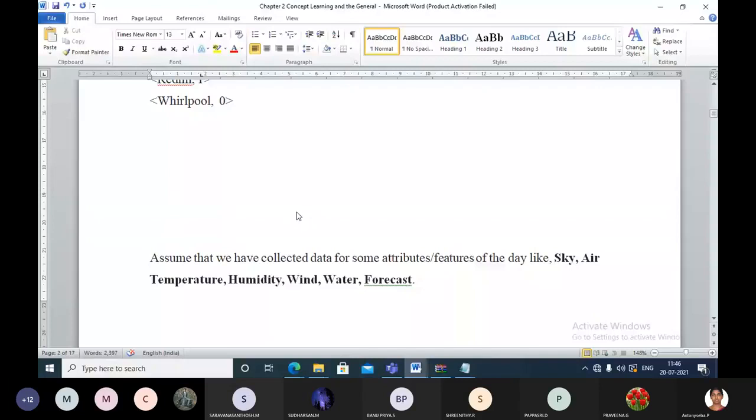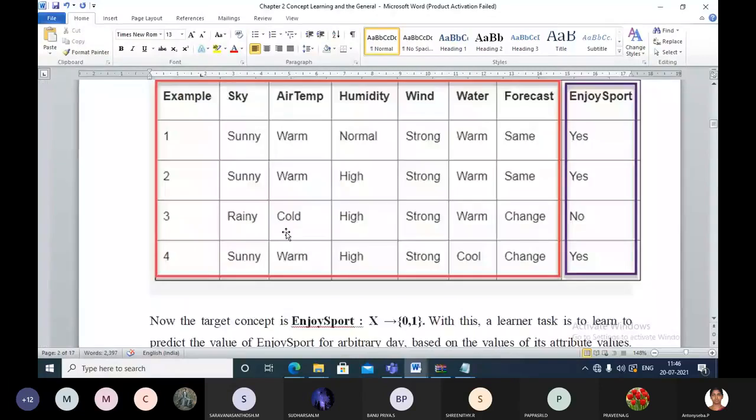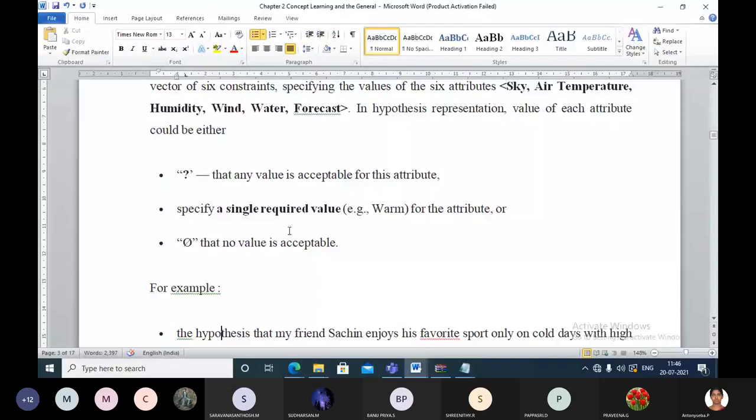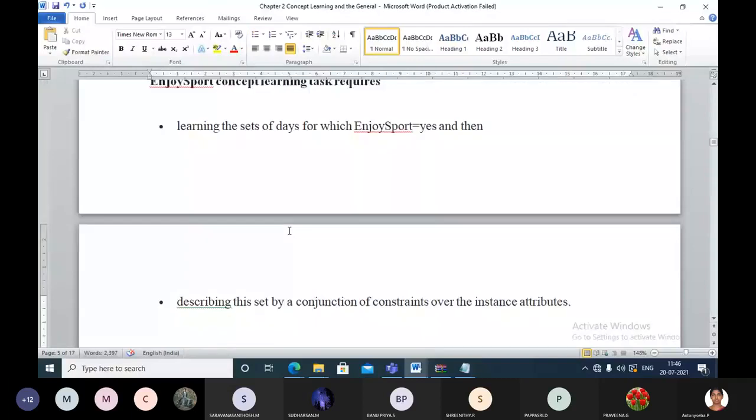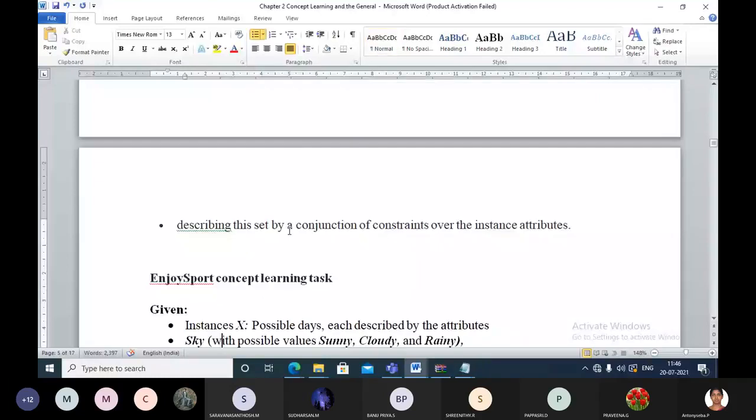You have to move from the specific space to the general space if it is a positive example, and move in the reverse direction if you encounter a negative example. This is the new thing introduced in the candidate elimination algorithm, to consider negative examples.